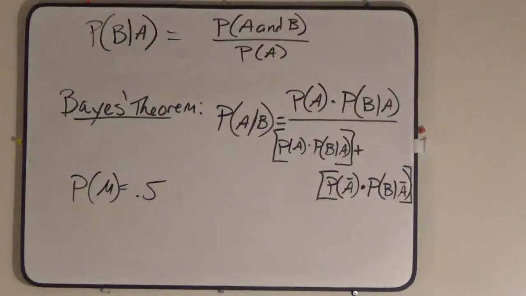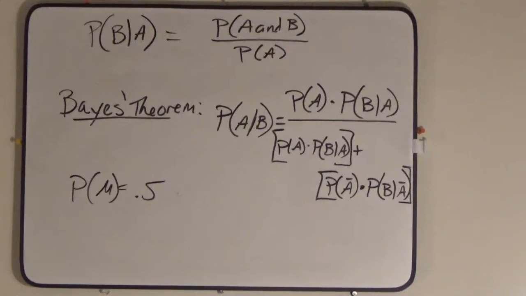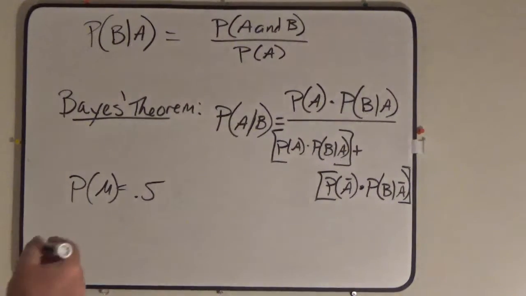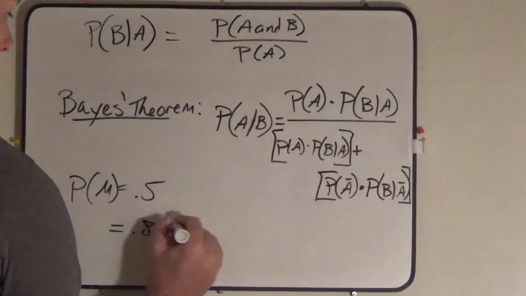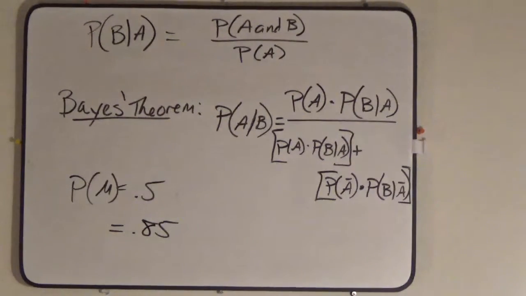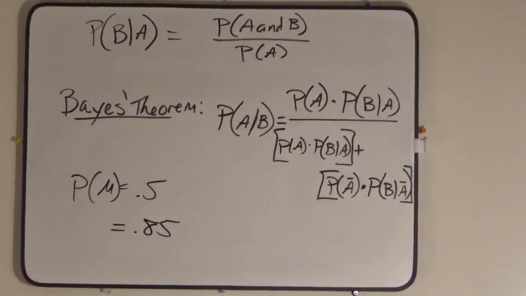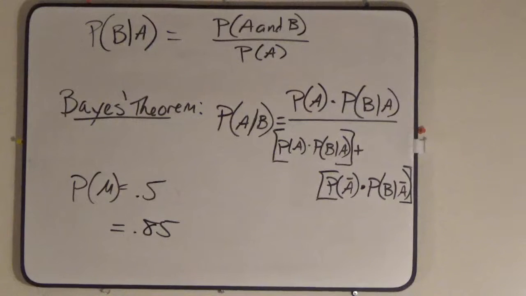Our revised probability that we're going to assume is now 0.85. You have an 85% chance now that what you get is a male. That's just what we think, and that's subjective thinking.